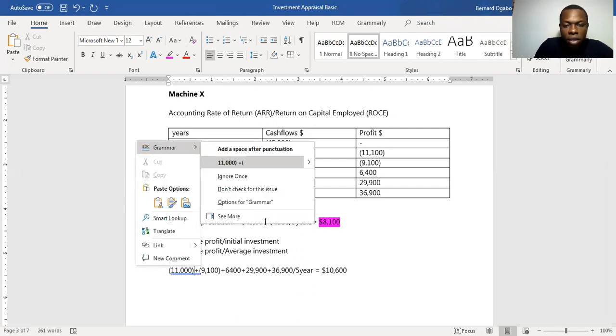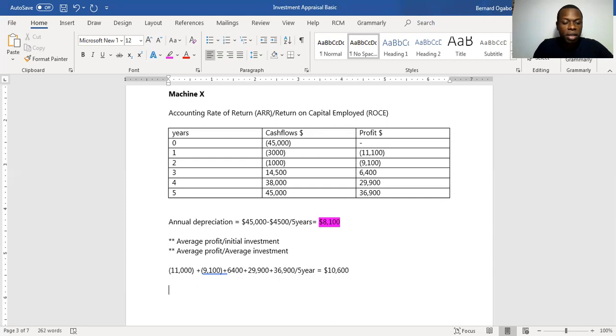So in this case, my ARR slash ROCE is going to be 10,600 divided by initial outlay, which is 45,000, multiplied by 100%.